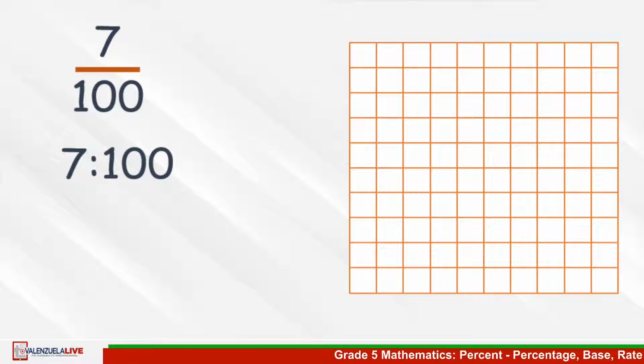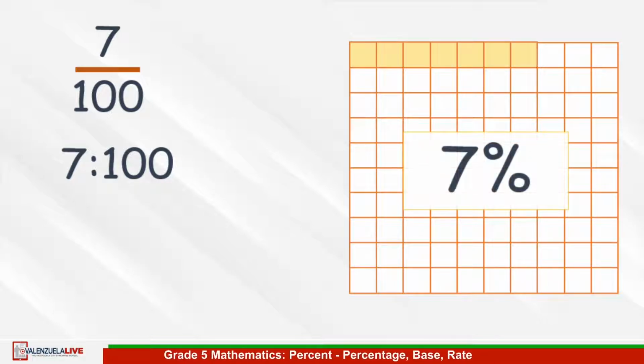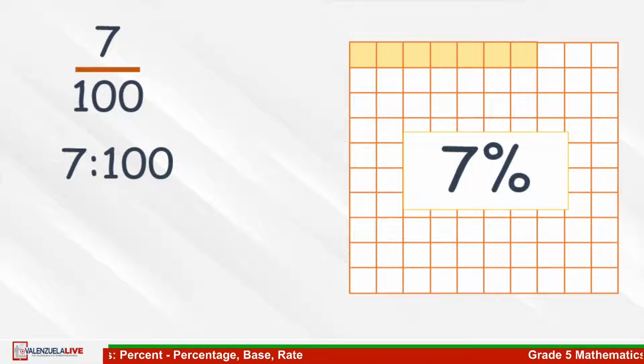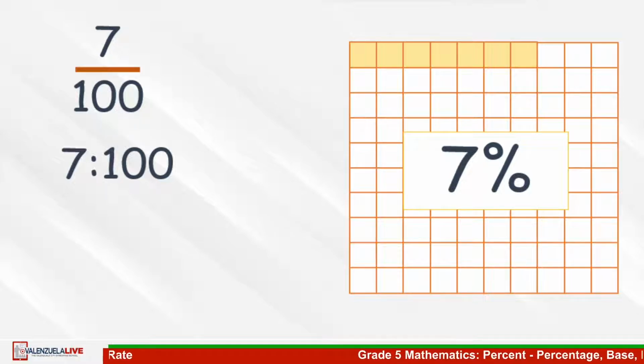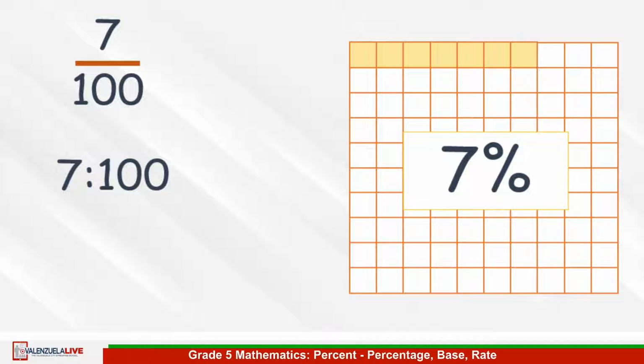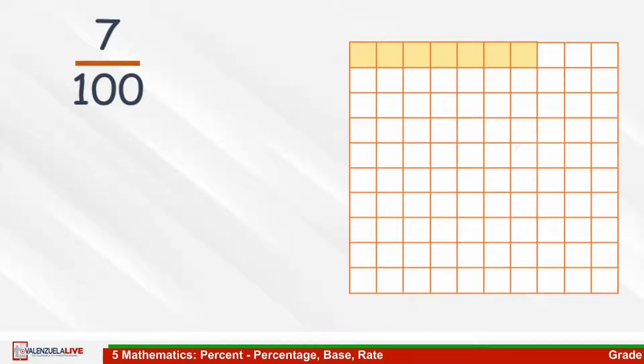The percent symbol takes the place of the denominator 100 in a fraction. So, the fraction 7 over 100 is 7%. Likewise, the percent symbol replaces the term 100 in the ratio 7 to 100. So therefore, 7 to 100 is also 7%.